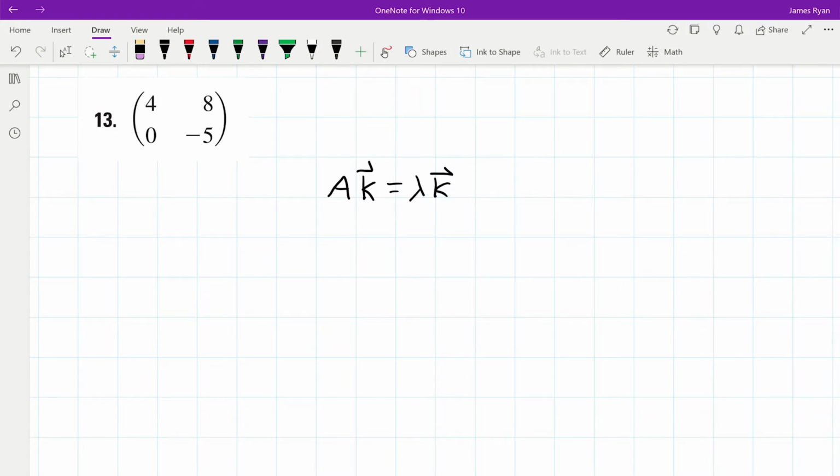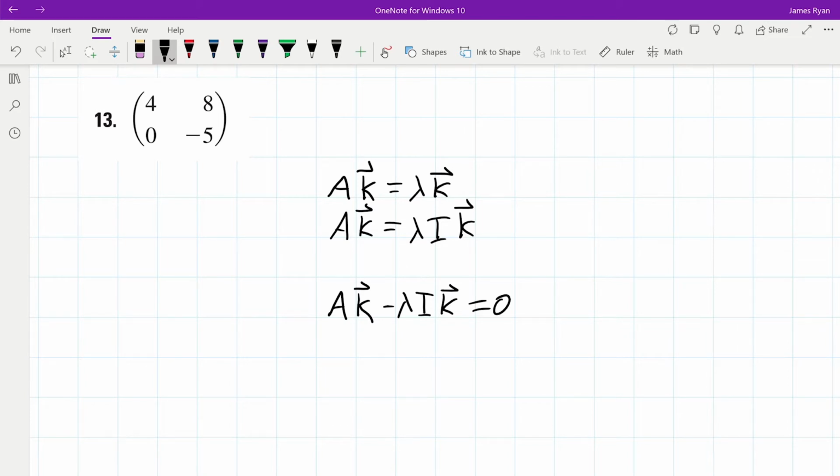this equation. So because Ak is lambda k, we can, of course, always write this scalar multiplication as lambda I. So this is Ak equals lambda times I, the identity matrix, times k. And then we can subtract this from both sides, because this is a matrix of the same size as A. And so Ak minus lambda I k is 0, or the 0 vector.